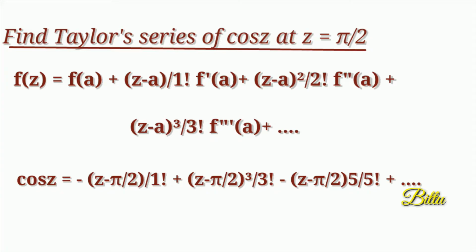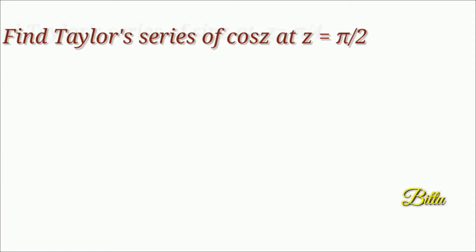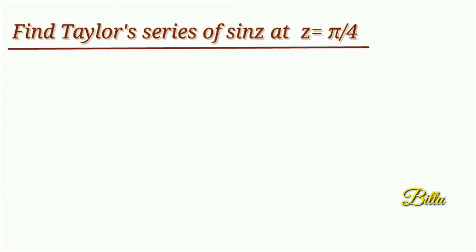Next, consider another question. Find the Taylor series of sin z at z equal to pi by 4. Here f(z) is sin z and a is pi by 4. Really, we have to express sin z in the form of an infinite series containing positive powers of z minus pi by 4.